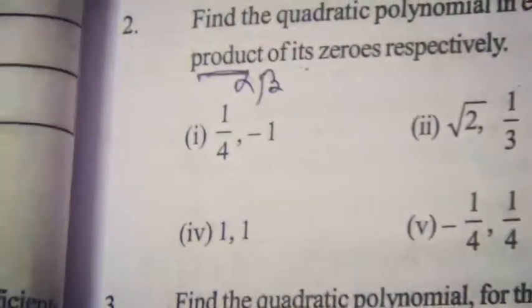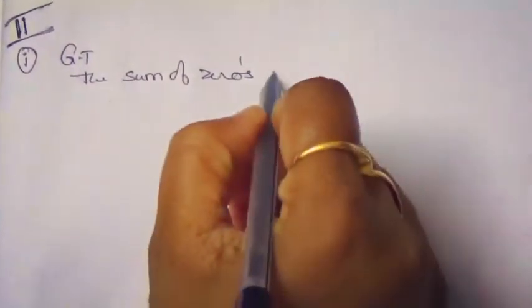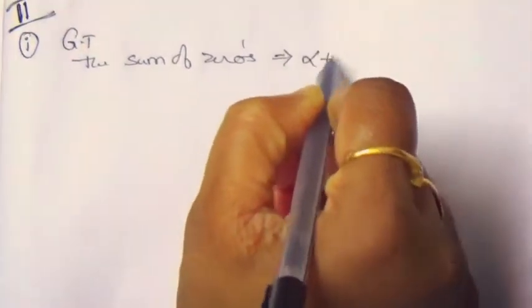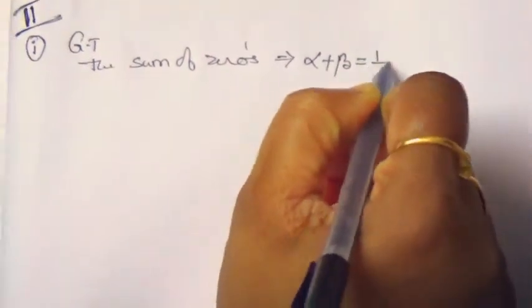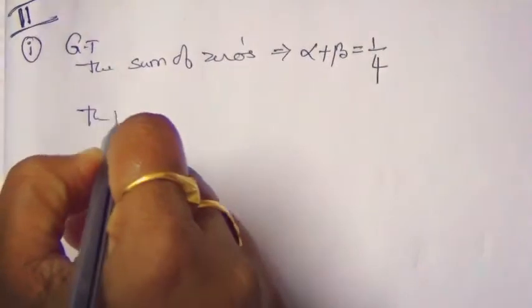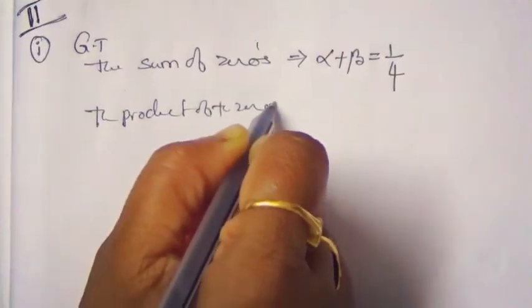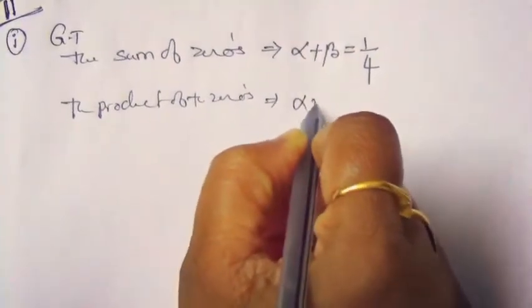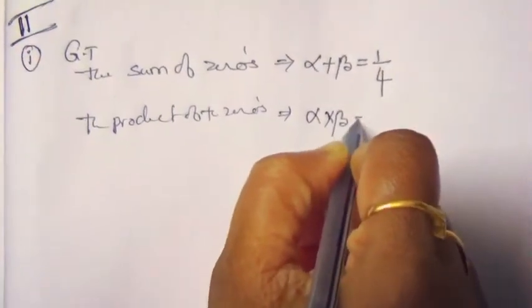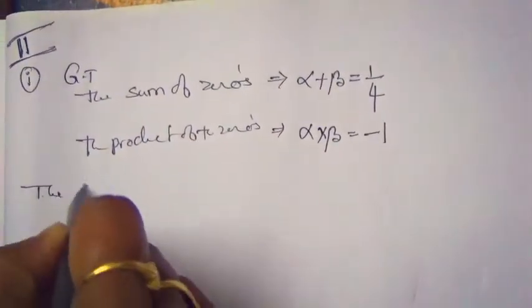The first one, given that the sum of the zeros is equal to alpha plus beta is equal to 1 by 4, the first number as alpha plus beta, and the product of the zeros, that is equal to alpha into beta, is equal to minus 1.